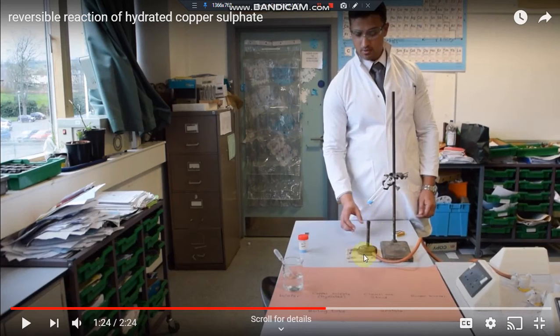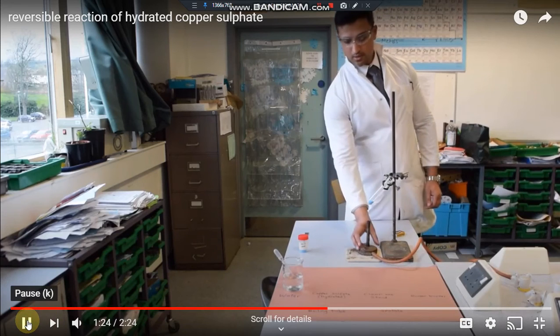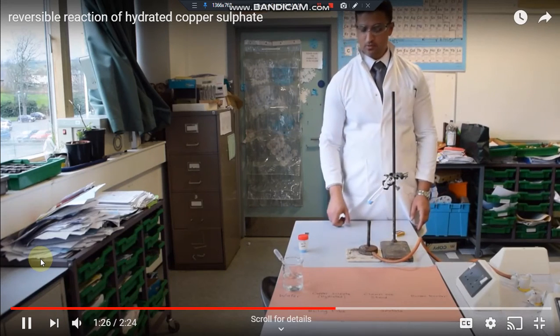Okay, this point is a technique of the Bunsen burner. So he will start heating this salt using the Bunsen burner, and we will see what will happen to that salt after heating it.